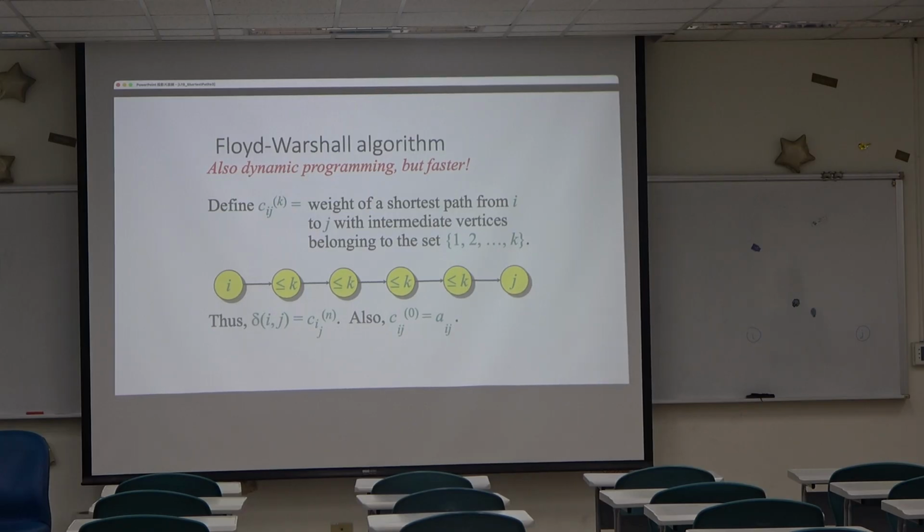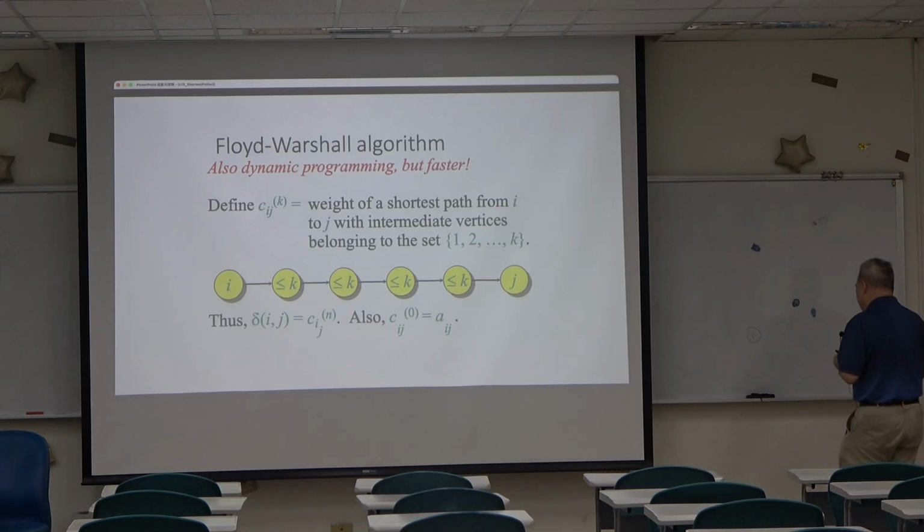We say their index has to be, remember now we use a number for the names, so the names of the nodes used as the intermediate nodes, their numbers must be smaller or equal to k.